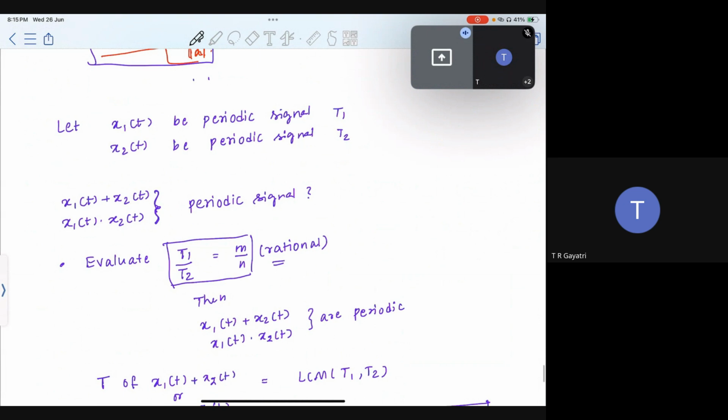We also saw the cases. Just 1 second. Yeah.